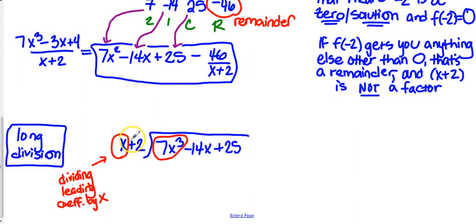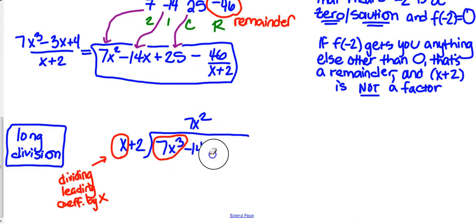For me, I think multiplication is a little easier. So when I ask myself, x times what is 7x cubed, the answer is 7x squared. But notice I don't have an x squared placeholder to write that above.